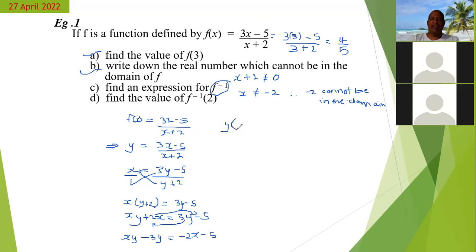So we would say y into xy will give you x, y into minus 3y will give you minus 3, and that would equal to minus 2x minus 5.